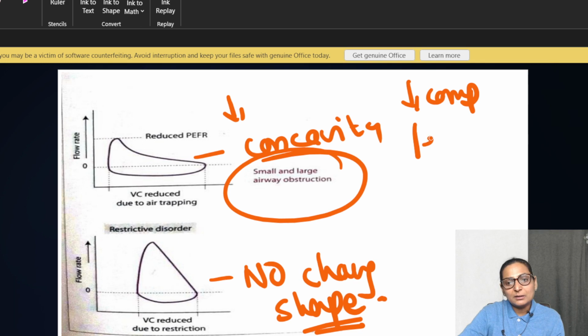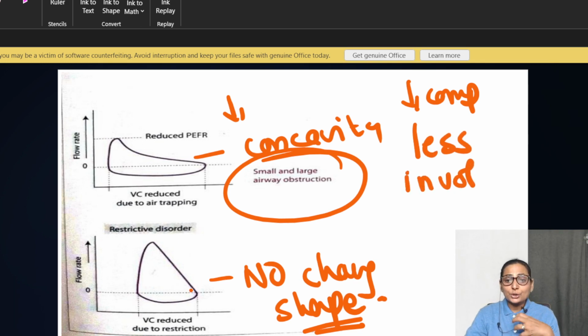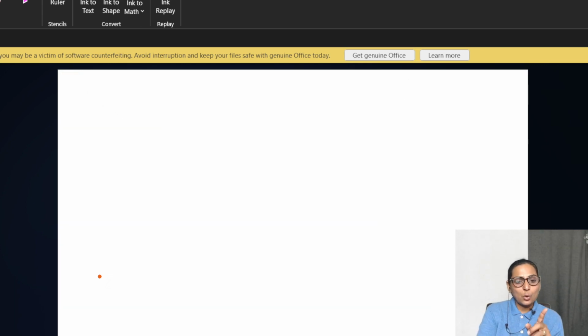Obviously when the volume which can be inhaled is less, you cannot develop more effort to obtain a high PEFR. So in restrictive disease, the problem is that PEFR is reduced. Why reduced? Because to achieve a higher PEFR you require more volume of air, and patients with restrictive lung disease have less lung volume. So there is a decrease in the height, otherwise no concavity.